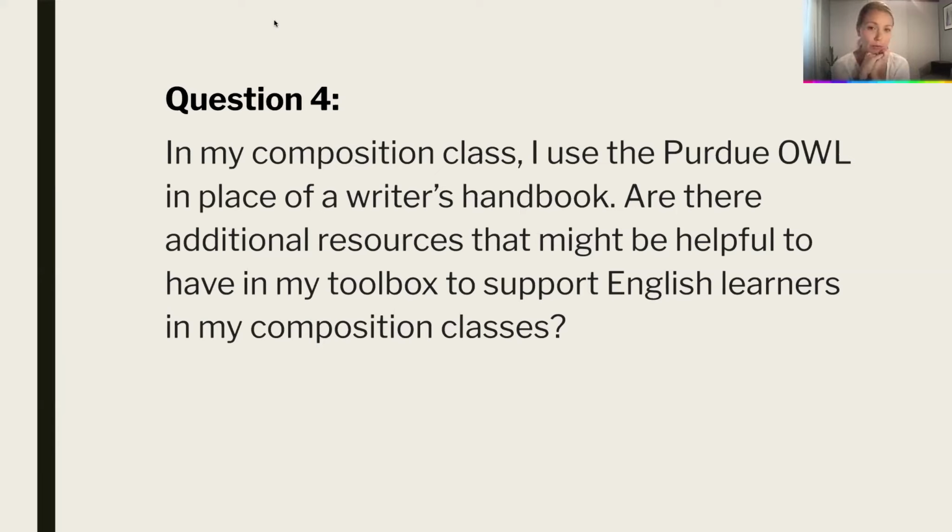Another one I would recommend is for more advanced students who are really focused on vocabulary. I'm sure you get that with multilingual students: how can I learn more vocabulary? I like to share wordandphrase.info. It's a corpus where students can take a chunk of text, and I'll do it too, in order to pick out the vocabulary I want to focus on in class.